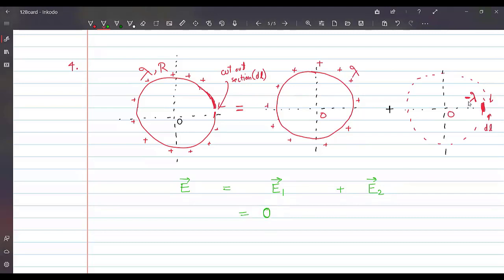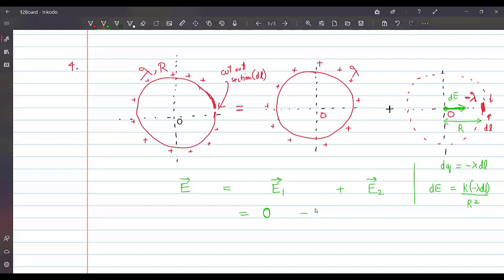But for this case, you see here it's minus lambda now, so charge will be minus lambda dl. At this point, electric field will be towards the negative charge. Call it dE. The value will be k times minus lambda dl upon the radius squared, because the distance between the point and the charge is r.